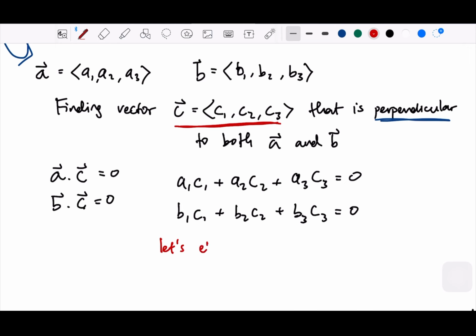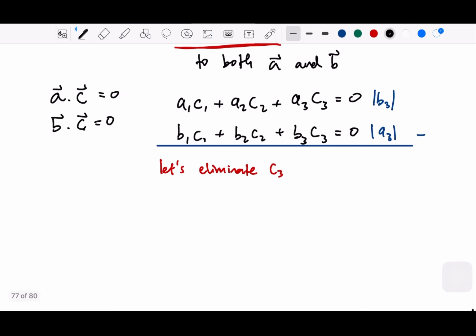Suppose that we are going to eliminate the C3. So we take this subtraction, but we need to multiply this with B3 and this with A3 to make sure that it's going to eliminate.